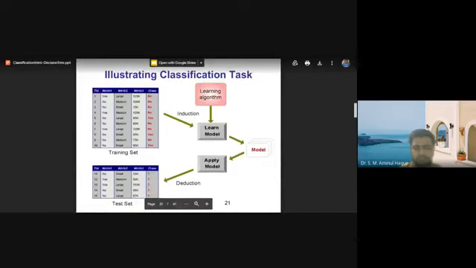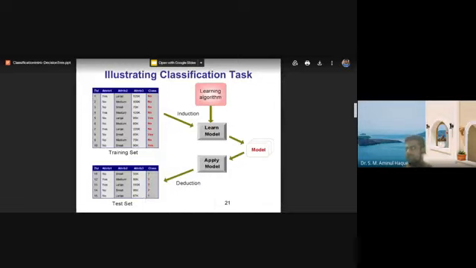So we have a typical scenario here. Typically, we get a single data set, but we divide it into two parts, one for training and another for testing. What happens with the training data? We apply an algorithm.